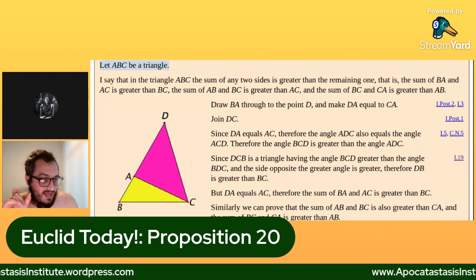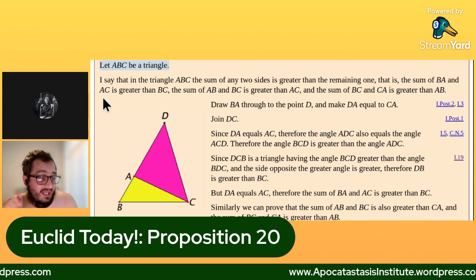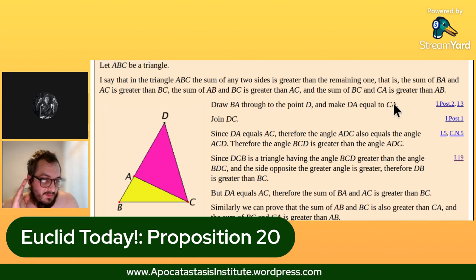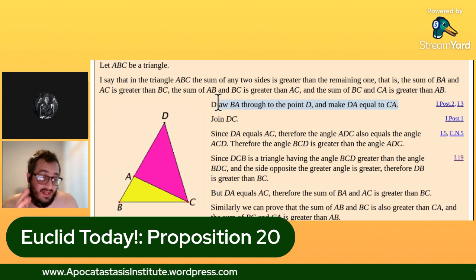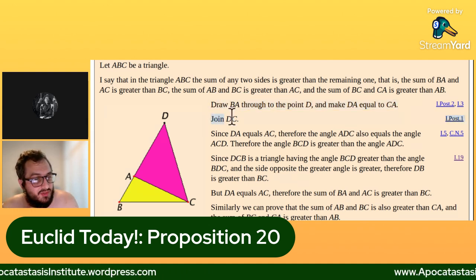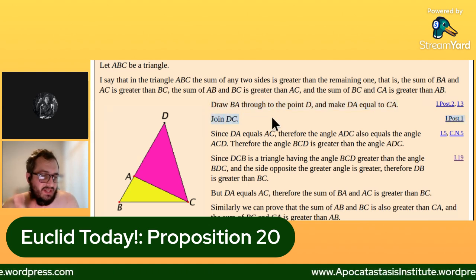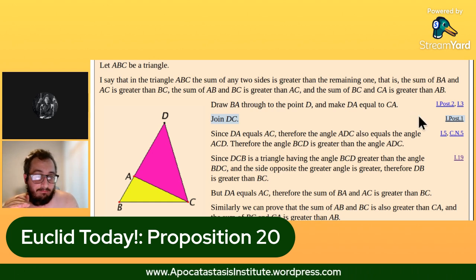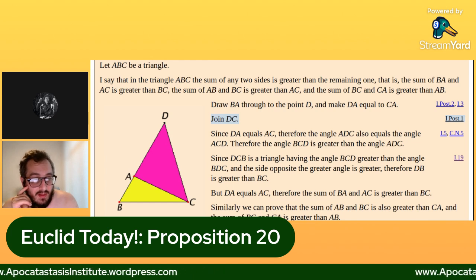So DA and AC should be the same length. And using those two, we then join D and C, as we see in the image. So from the get-go, DA and AC are the same size. Okay? Very important that DA equals CA.